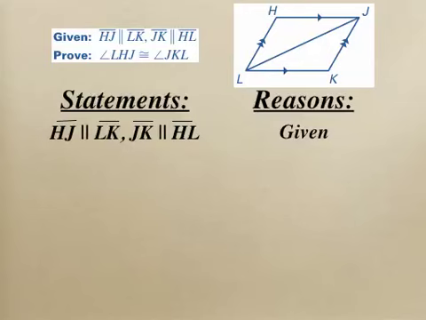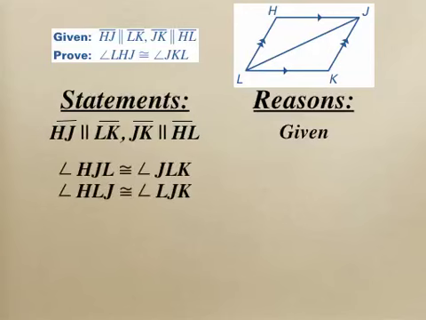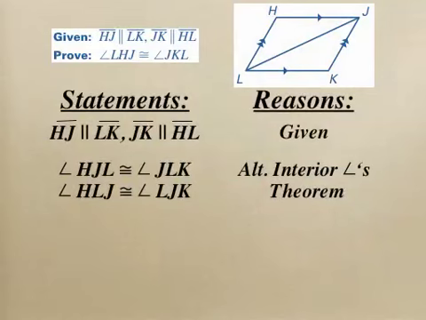The other thing that should be popping out at us is that we have 2 sets of parallel lines. And if you look at the diagram, these 2 parallel lines are being cut by a transversal. The transversal in this case is JL. I'm going to start first, and it doesn't matter the order that you write those in. You could use the reflexive property first. I just happen to have the angles set equal to each other because of the alternate interior angles theorem.